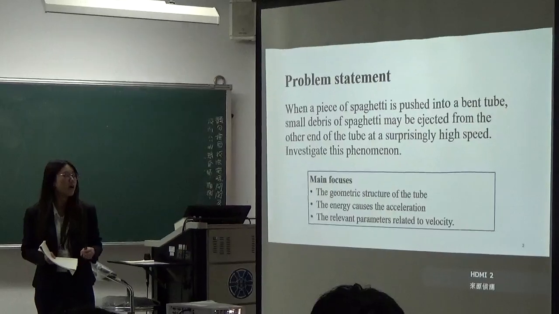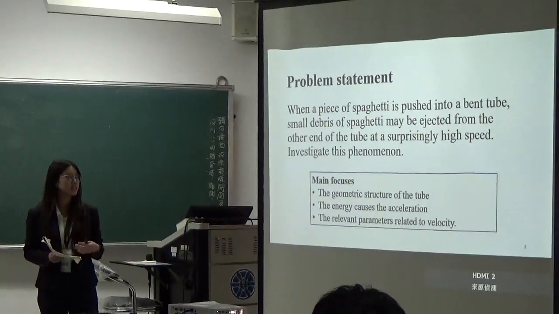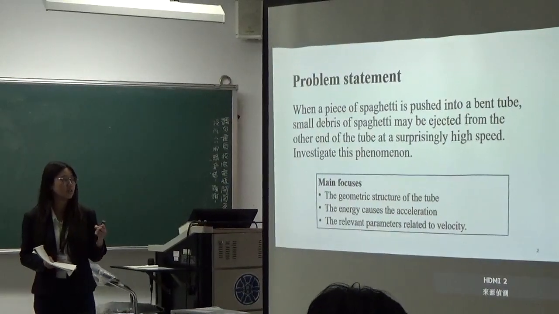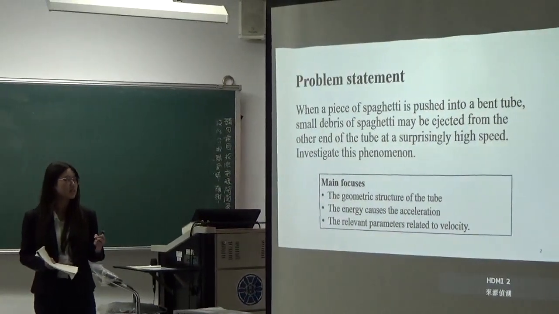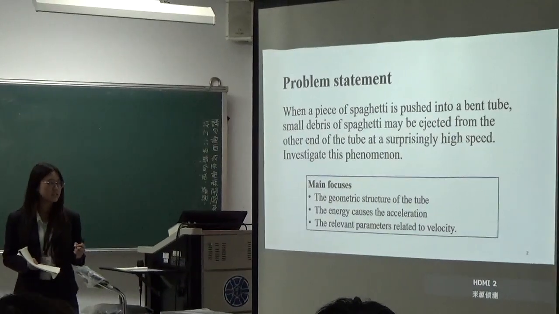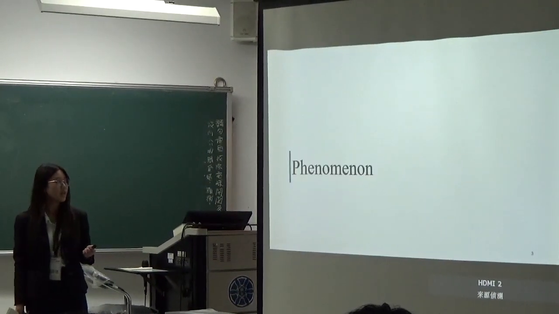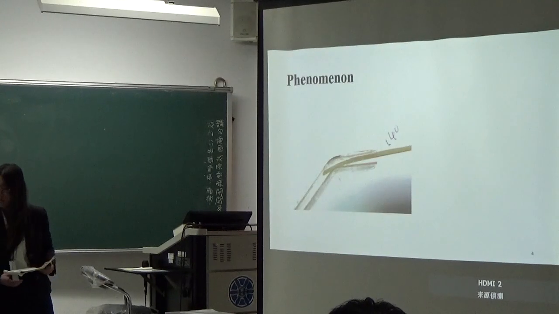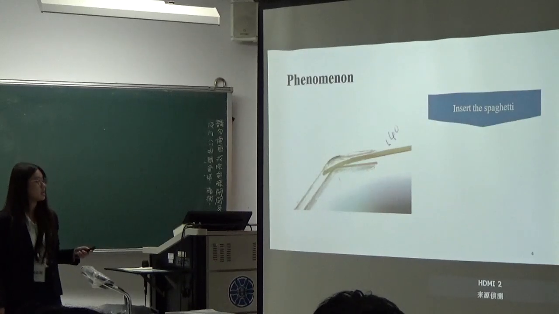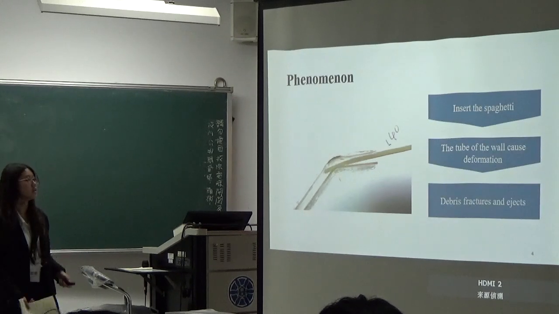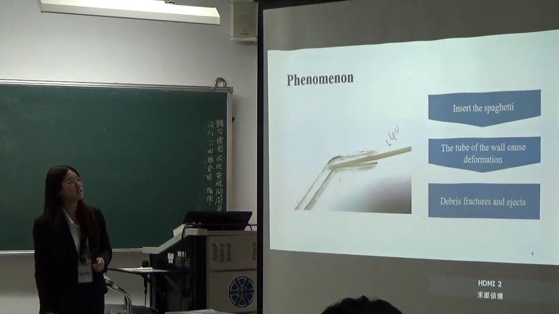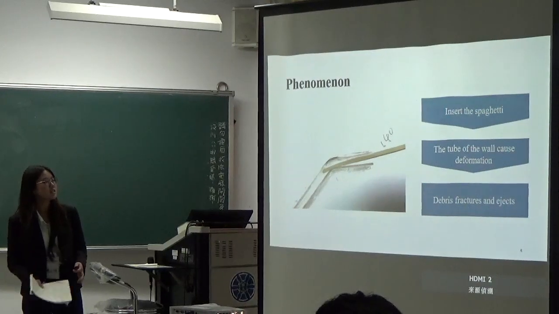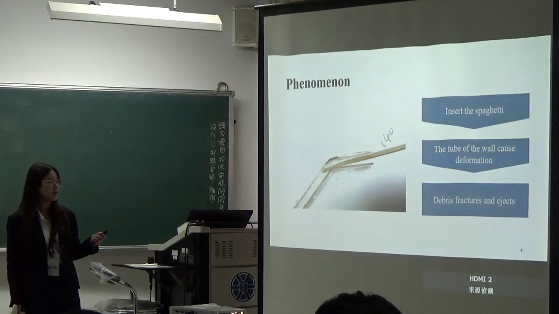Investigate this phenomenon. My main focus is the geometric structure of the tube and the energy causing the acceleration, and the resulting parameters related to the velocity and phenomena. When we eject the spaghetti, the tube wall causes deformation and diverse structures, as you can see in the videos.